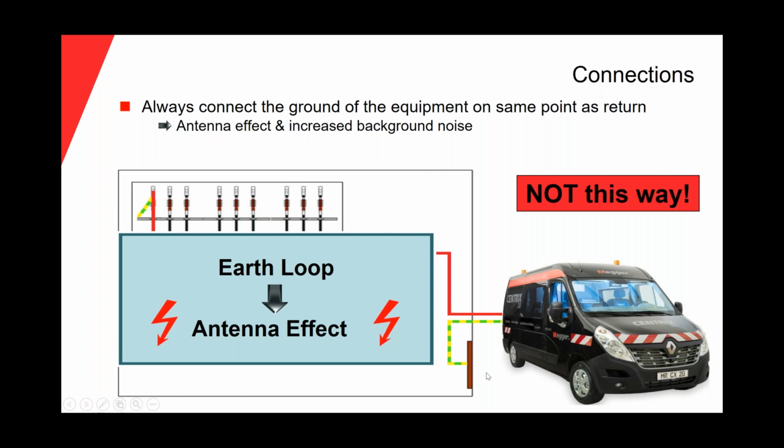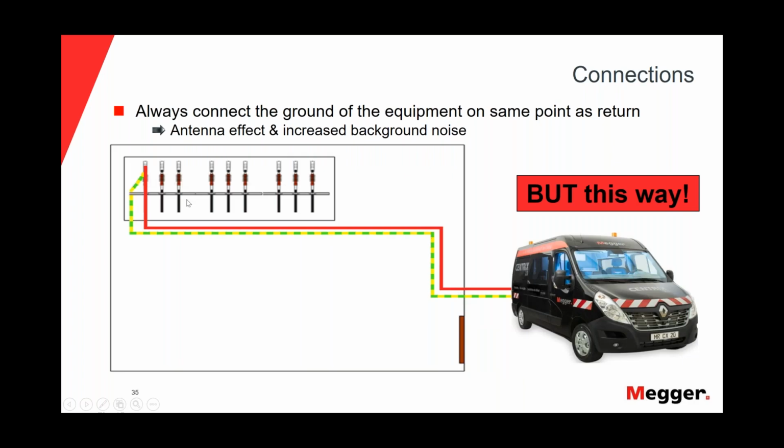And what we need to do when we're doing a partial discharge test is that the grounding must be connected at the same point where we connected the return of the high voltage test lead. This is very important to avoid the antenna effect during the measurement. So always try to connect the grounding of your PD equipment at the point where you are connecting the return of your high voltage cable.